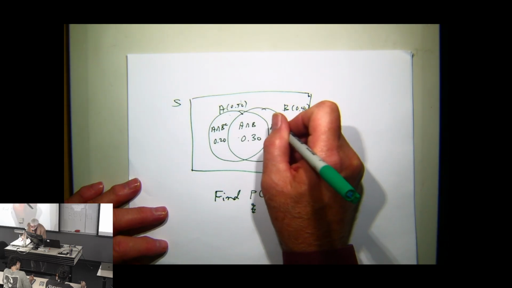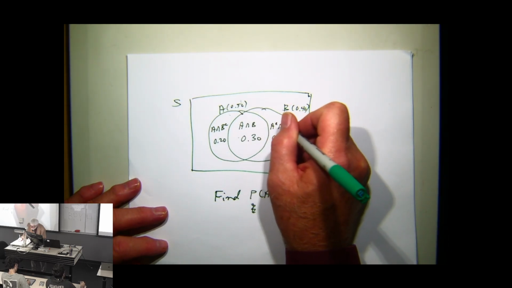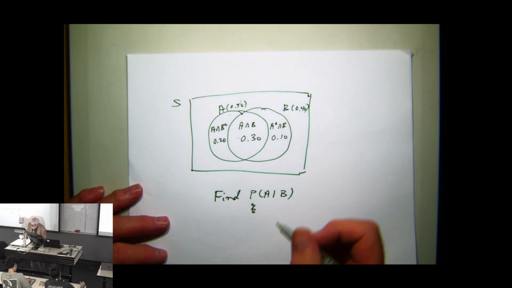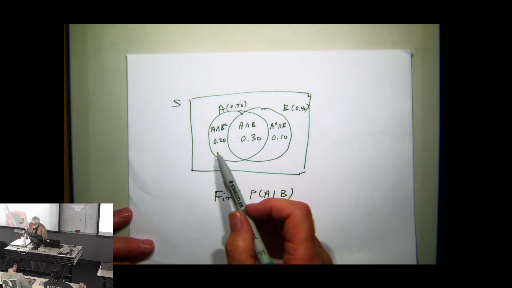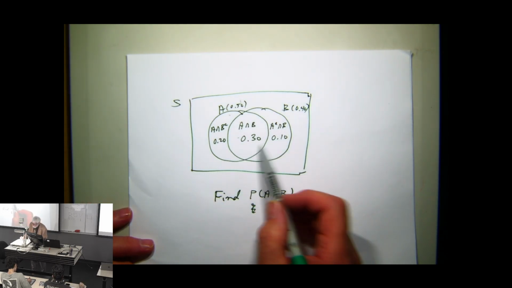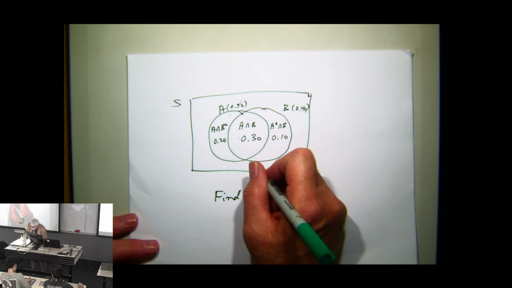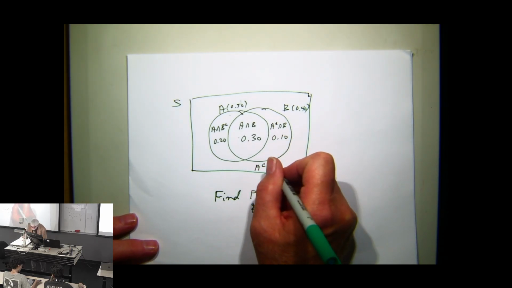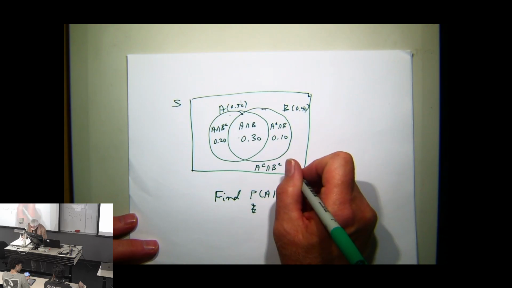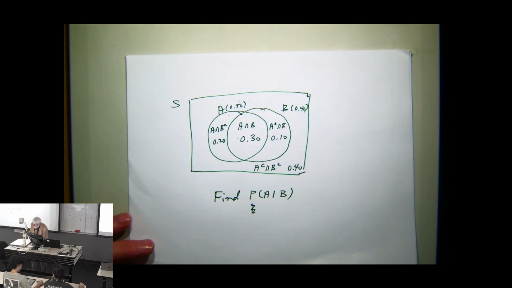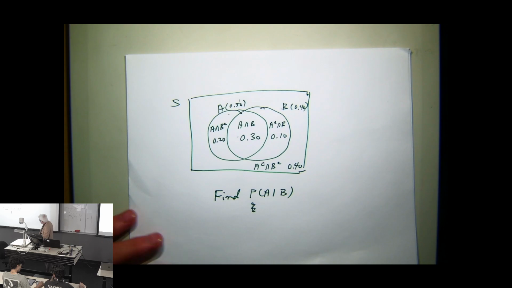And that is your A complement intersect B. And just to be complete about things, 0.2 plus 0.3 is 0.5, another 0.1, 0.6. This area out here, which is A complement intersect B complement, has an area of 0.40. Okay, so we've got all the pieces.